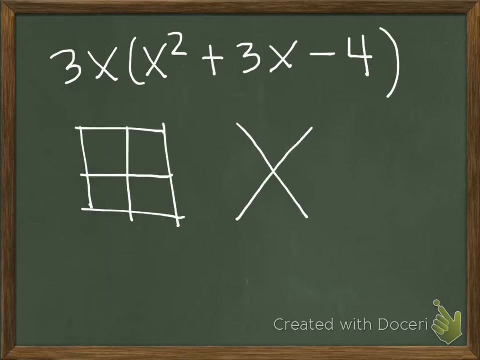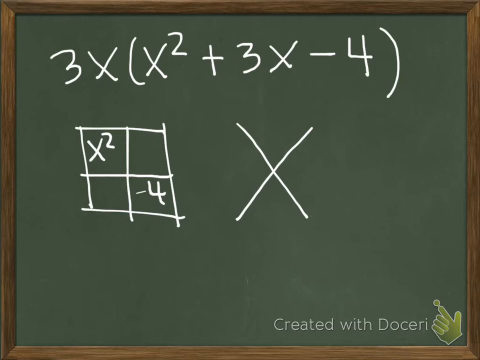Now I will give you time to set up your generic rectangle and see if it matches what I get. I hope you put x squared in the top left corner of your box and minus 4 on the bottom right corner of your box.